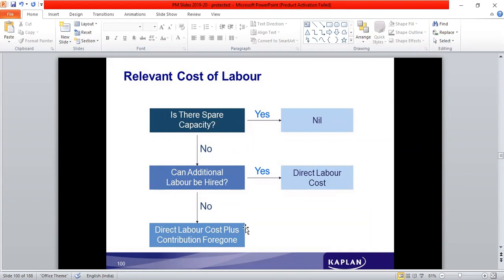If they do not hire additional labor, then what do they do? They can either stop production of some other product or delay that product or some way they take it up, and then whatever is the decision on account of that, if there is any opportunity cost arising, that becomes a relevant cost.